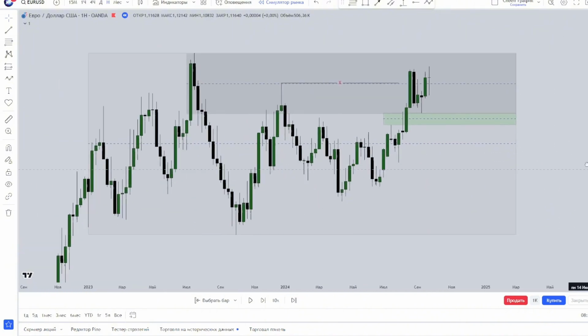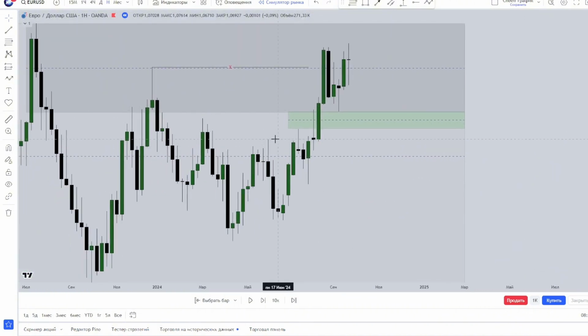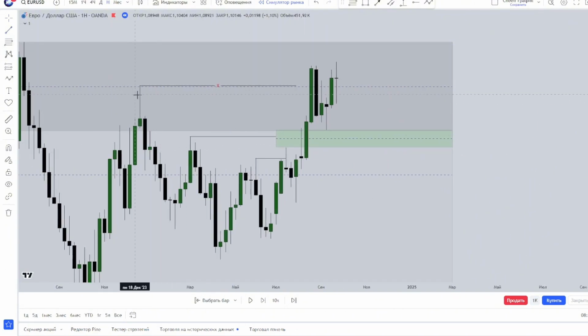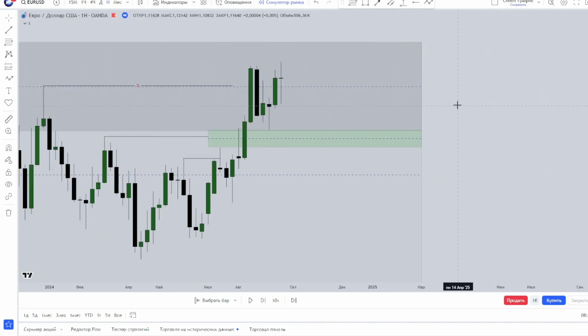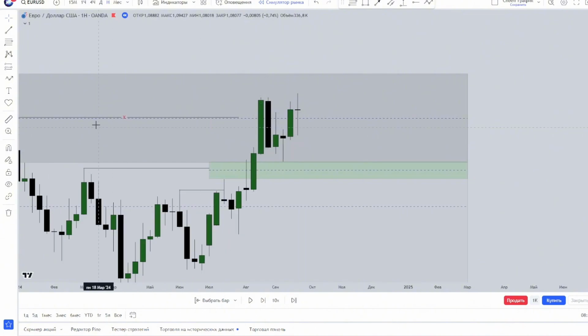So, moving to the weekly time frame, what can we note? We can note that the price is removing a significant amount of liquidity. In this case, it removes liquidity and reaches an initial main target in the form of this fractal.